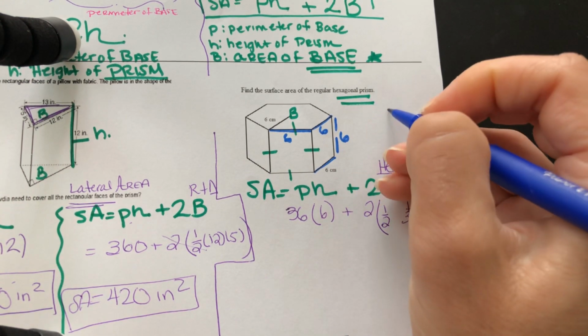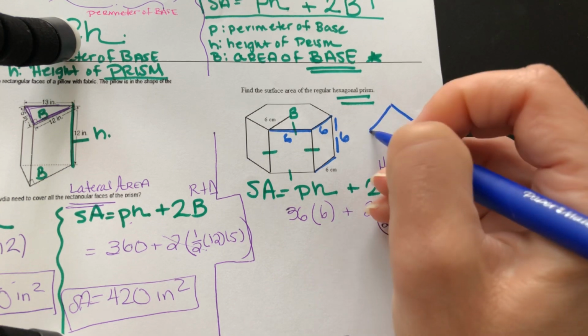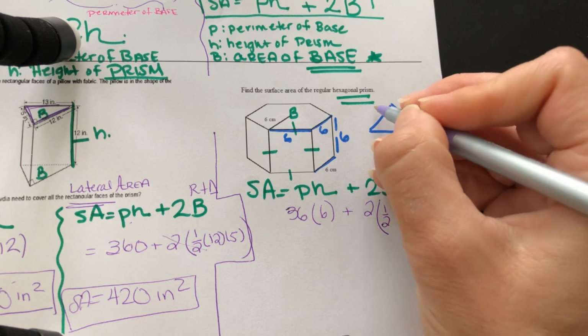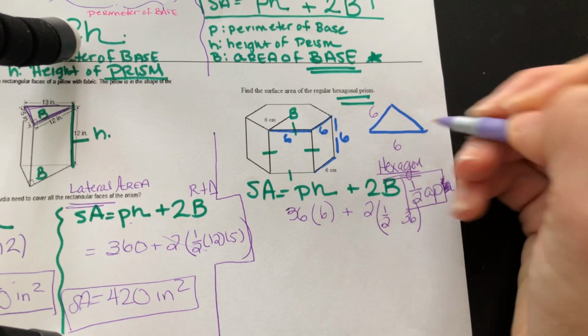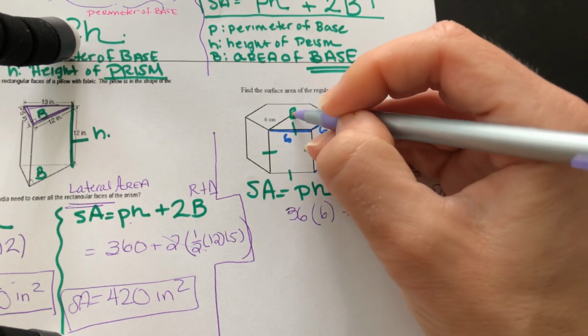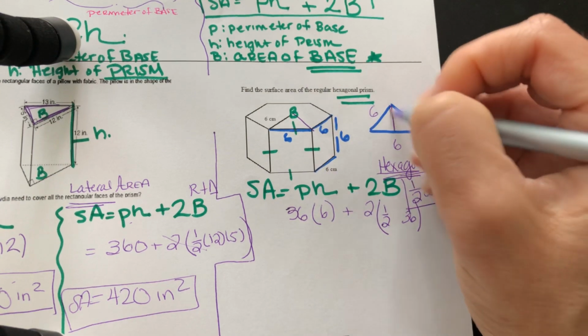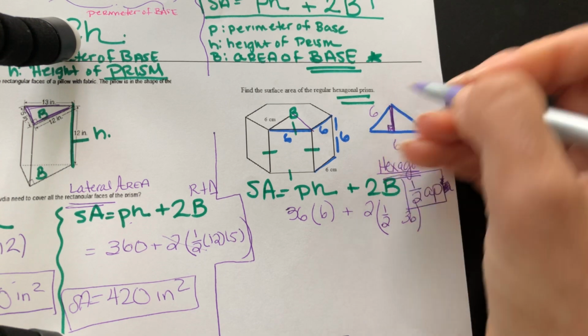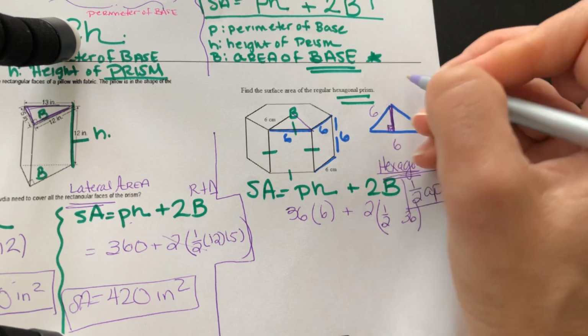Okay, I'm going to take out that triangle for us to work with. We want to find our apothem. We know this is 6, we know this is 6. Here is your apothem, that's what we're looking for. If you recall one more time, each little angle up here is 30-60.